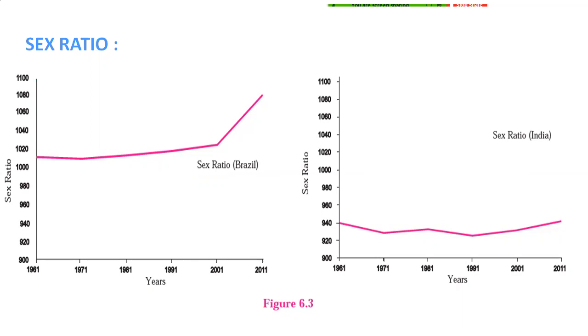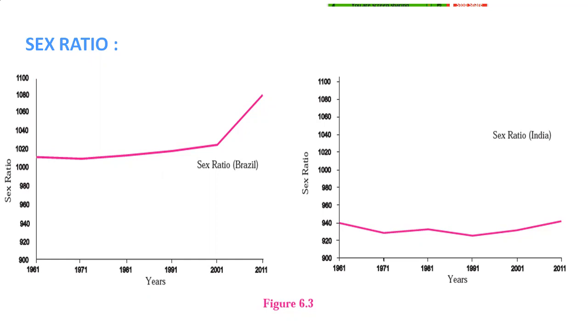The figure shown here is a line graph. It is evident from the line graph that there's a difference in the sex ratio of the population.